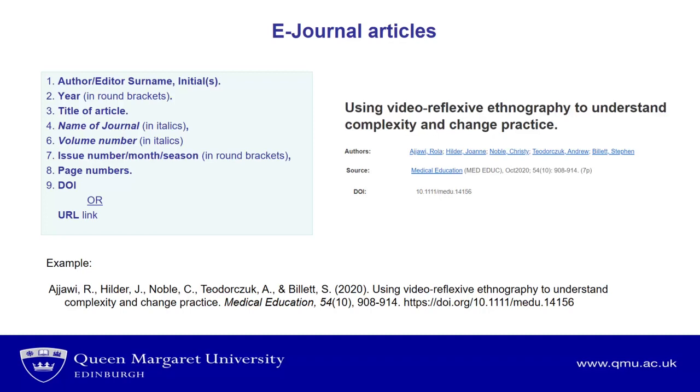You don't need to put p. or pp. for this, it's just the page ranges as you can see in the example. And because it's an electronic journal article, you also need to put the URL link or the DOI, and that stands for the Digital Object Identifier, and that's a unique code that's assigned to every article. All this information is available in the article itself, as well as any accompanying record, as you can see on the right-hand side.